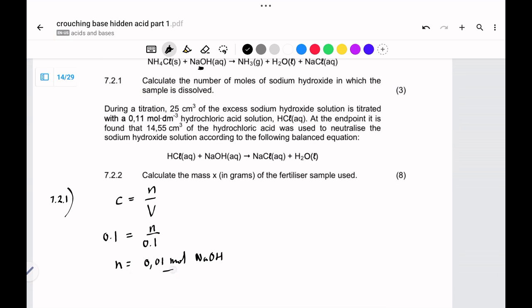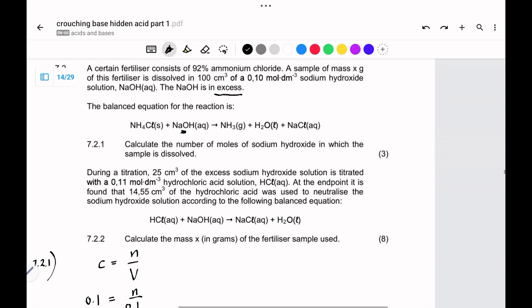This much. And then you reacted it with the ammonium chloride. And you must have been left with some sodium hydroxide because it's in excess. Okay, so now let's read further.